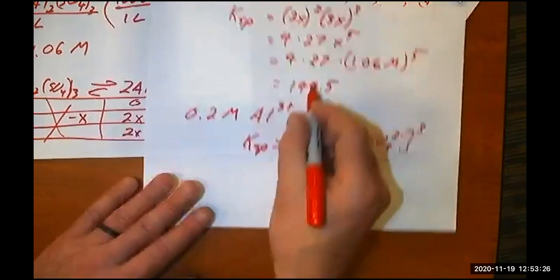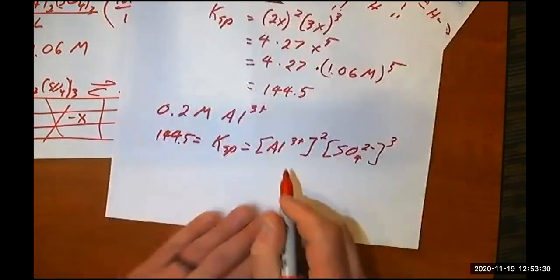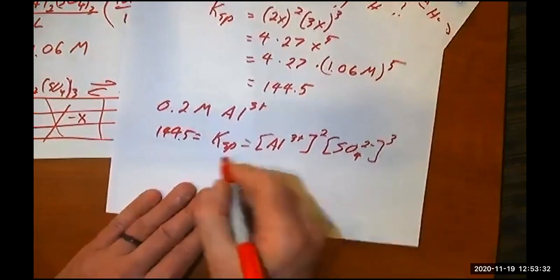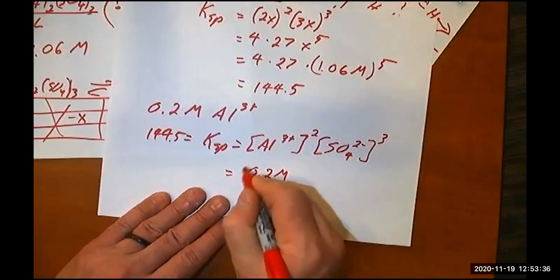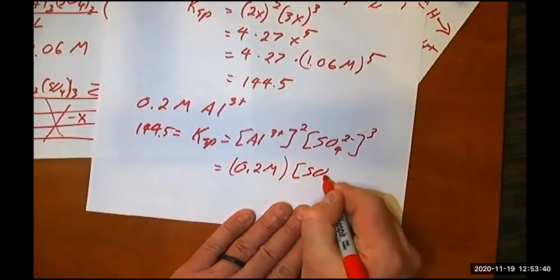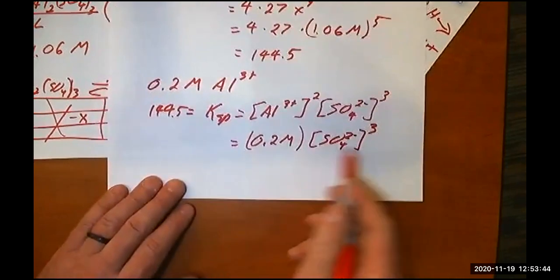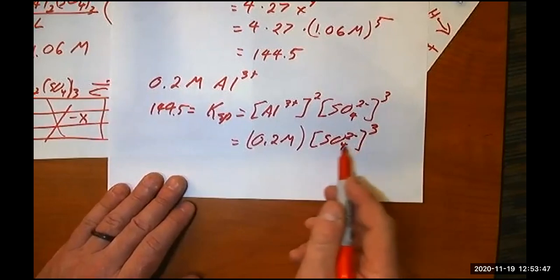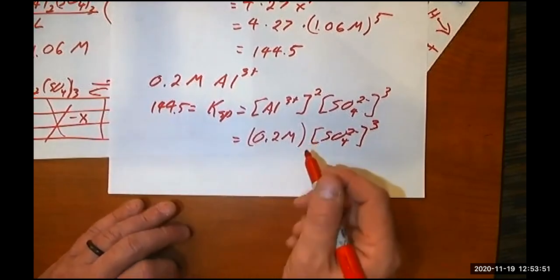We have our KSP value from up here, 144.5. We know how much of the Al3+ we have, that's 0.2 molar. And so now we just have our unknown here, SO4 2- cubed. So we just solve for that to find out what concentration of this we need to add in order to start precipitating the aluminum.